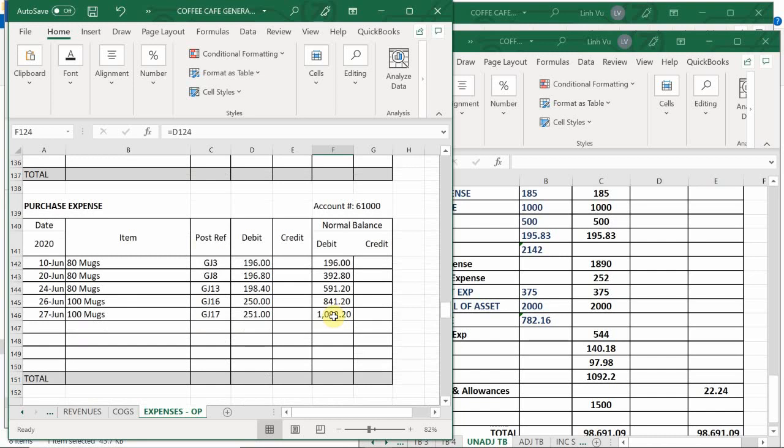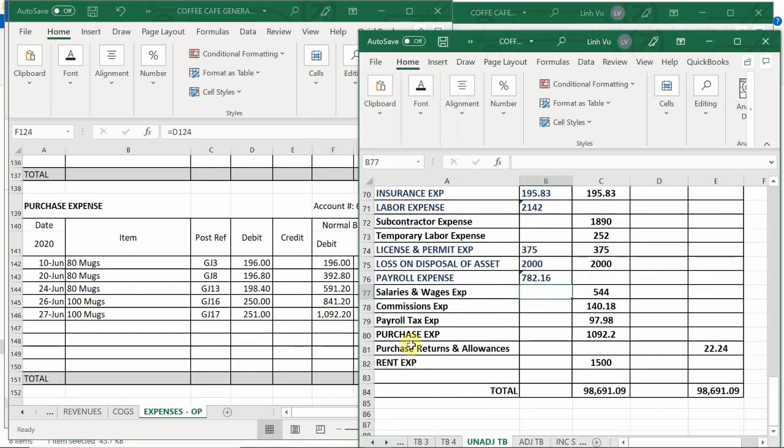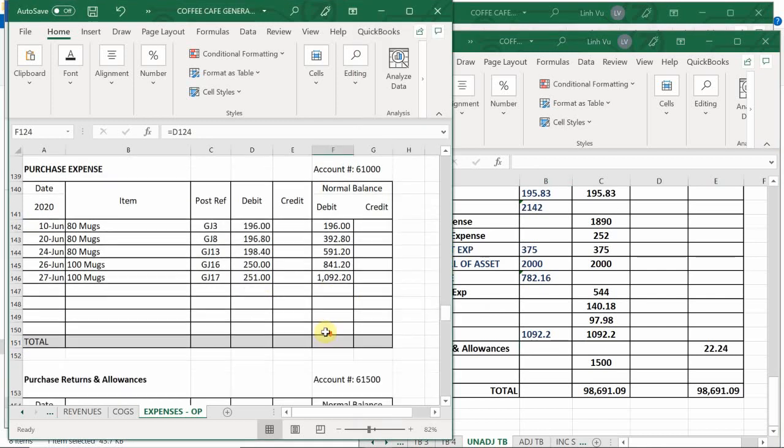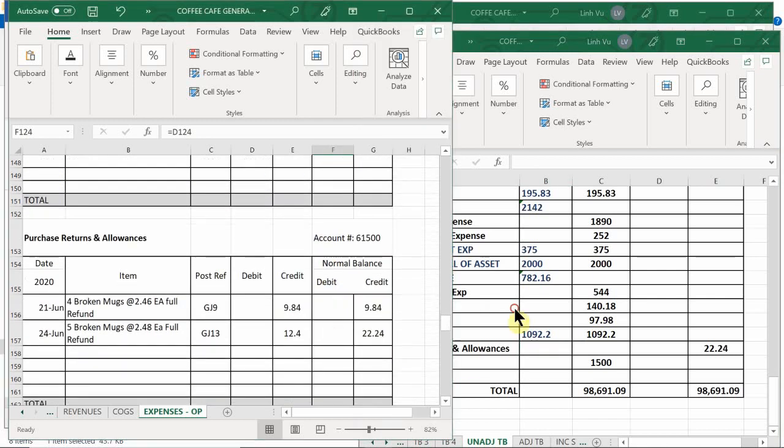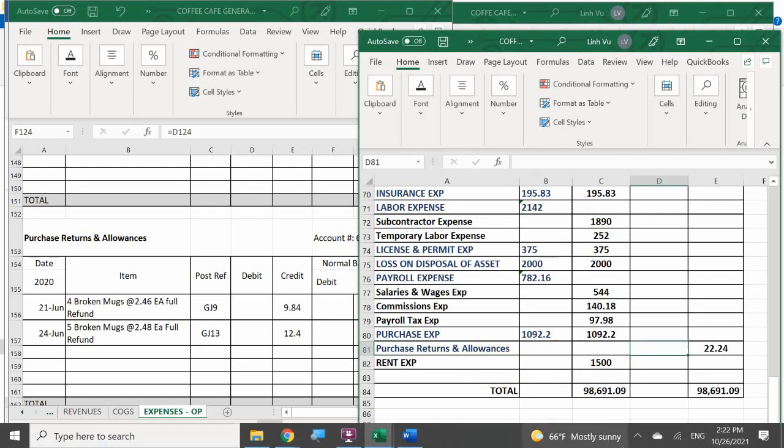Next is purchase expense. In this case, we do have a purchase expense of 1,092.20, so nothing happened there. Now again, purchase returns and allowances is a contra account, so this is supposed to be considered a main account.